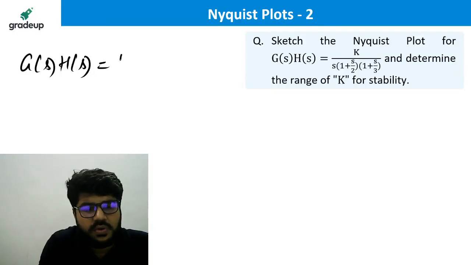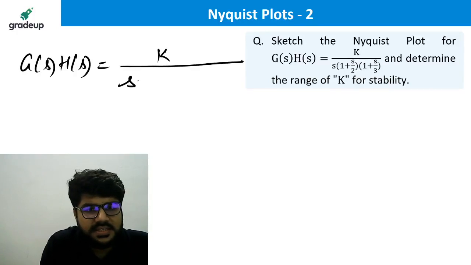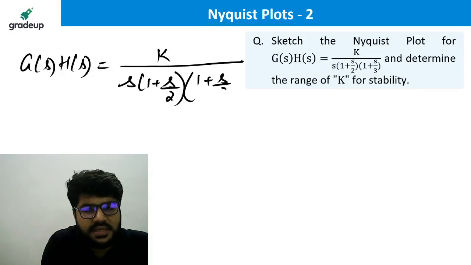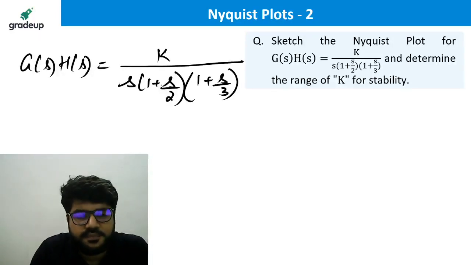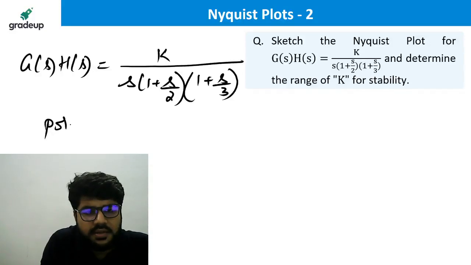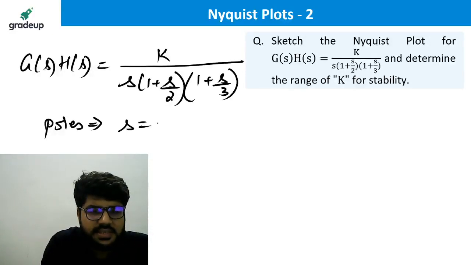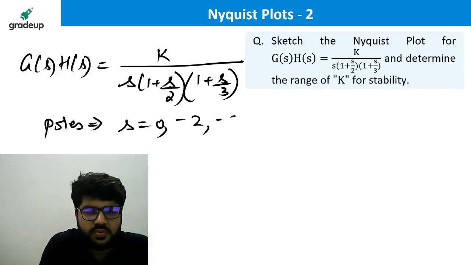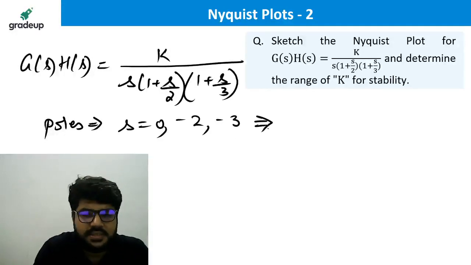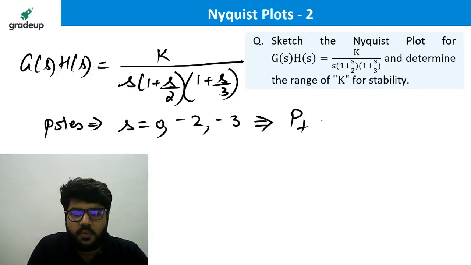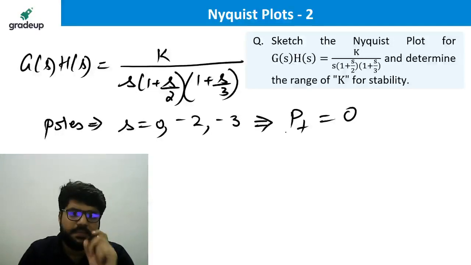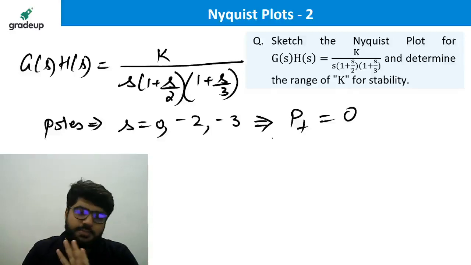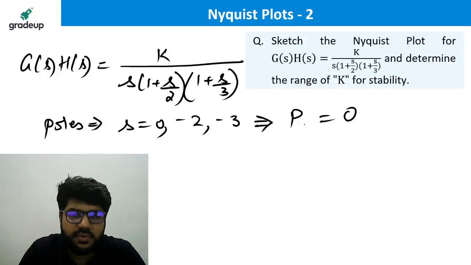Now, what are the poles of this function? s is equal to 0, minus 2, minus 3, which means there is no pole in the RHP. First of all, I'm writing the P plus value. The pole is at the origin or in the LHP, but there is no pole in the RHP. P plus is equal to 0.